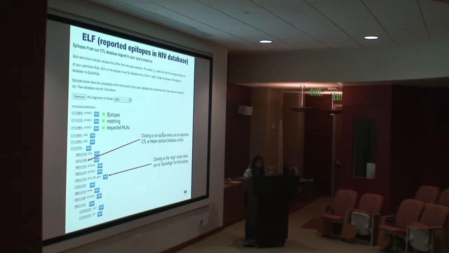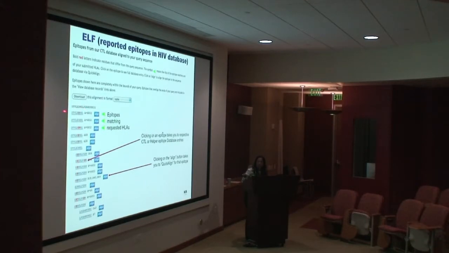So let's take a look at that a little bit. The output, if you put in a certain sequence and gave it, say, a certain HLA to look for epitopes, would come out in this form. And you can see here the top three with green arrows are epitopes that are known to be present in HIV, and they are actually restricted by that HLA.